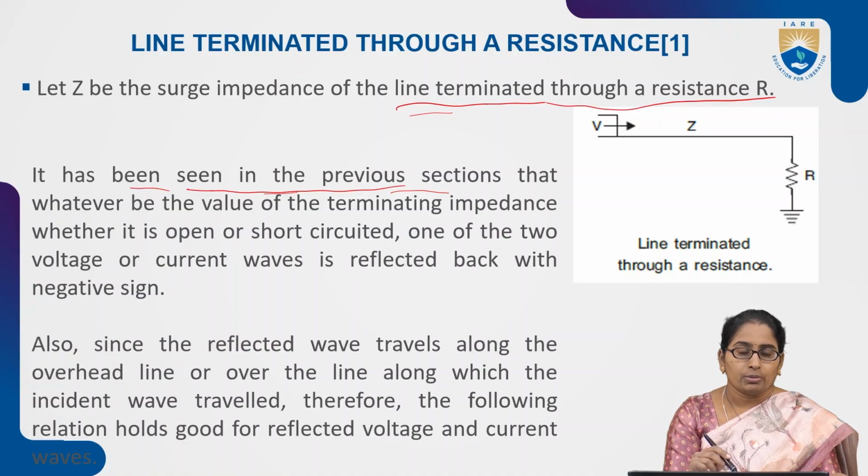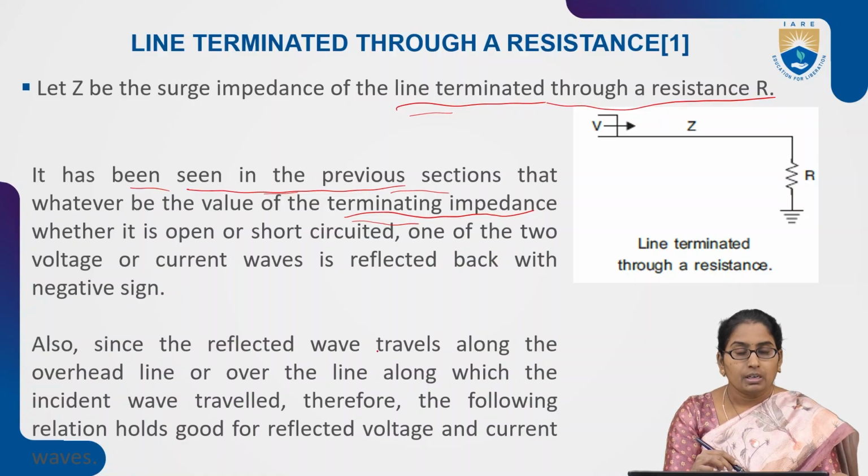The main point is that whatever be the value of the terminating impedance, whether open circuit or short circuit, either the voltage or the current wave is reflected back with negative sign.